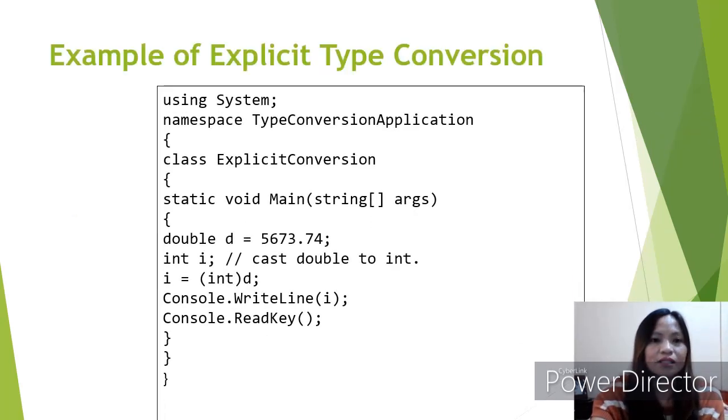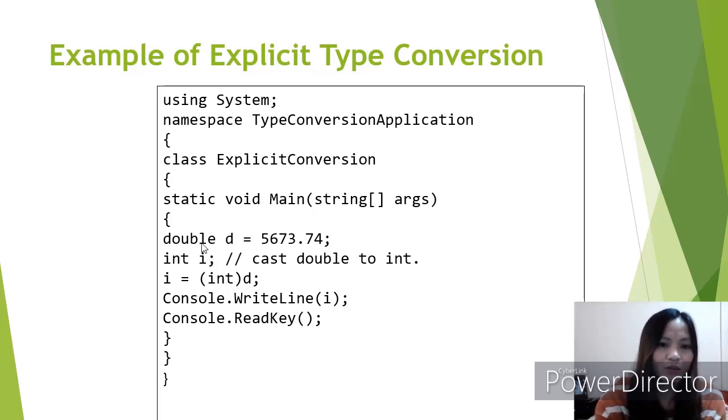So this is an example of explicit type conversion. As you can see, we have two variables here. D, data type is double. Its value is 5673.74. And then another variable is I. Its data type is int. So the casting is this line, meaning to say you converted D to int.